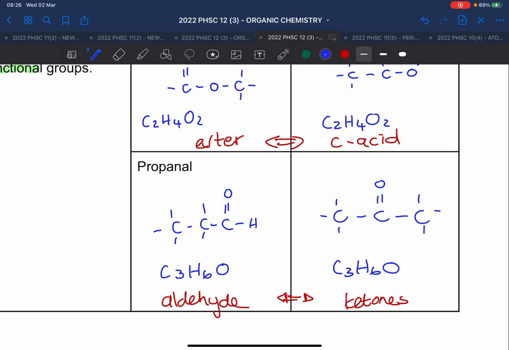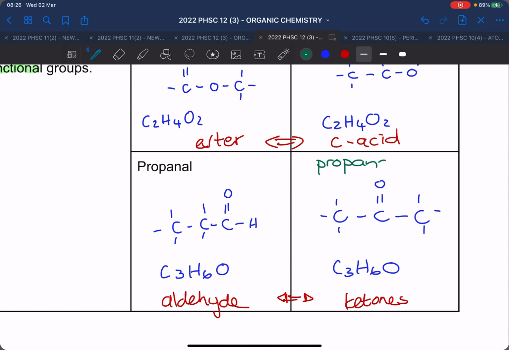Alright, so this is the ketone one because the double bond O is in the middle. And what will the name of that compound be? Propan, and then? Okay, this is one of those things where there's actually only one right answer.